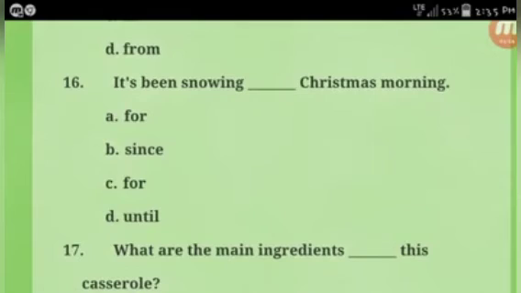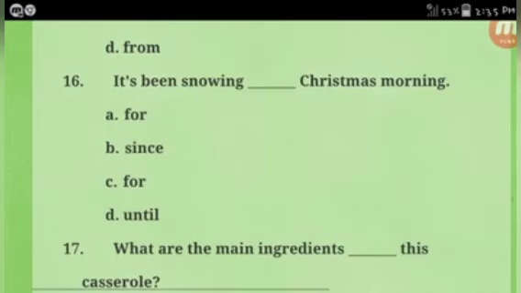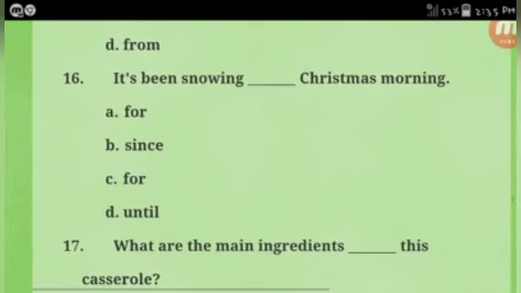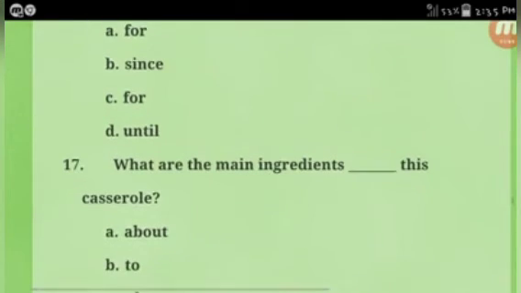Next, it has been snowing. Okay, so this is it has been snowing. It's present perfect progressive. So when it talks like this, snowing since Christmas morning, the answer here is letter B, because it talks about the start of the snowing time, which is on Christmas morning. Next one, so since.